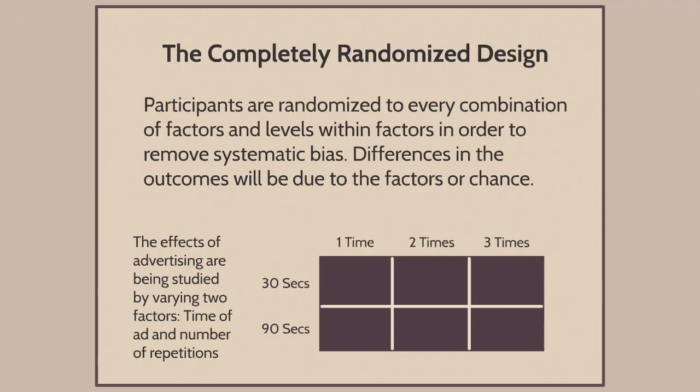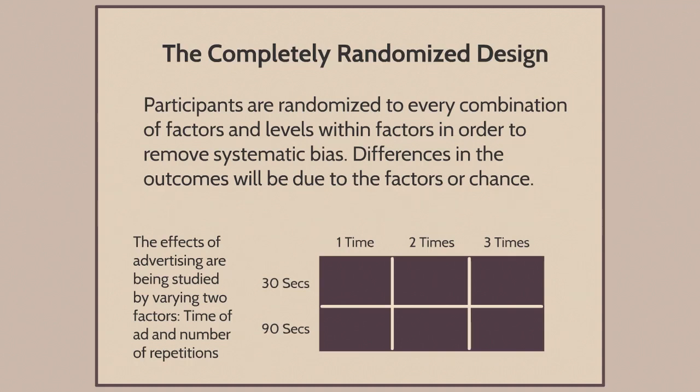30 seconds one time, 30 seconds 2 times, 30 seconds 3 times, 90 seconds one time, 90 seconds 2 times, 90 seconds 3 times. When we randomize to conditions, let's say we have 60 individuals, if we randomly select 10 people for one time with 30 seconds, and then another 10 for 2 times with 30 seconds, and so on, until every one of these little 6 blocks here is filled with 10 people, then we have a completely randomized design.